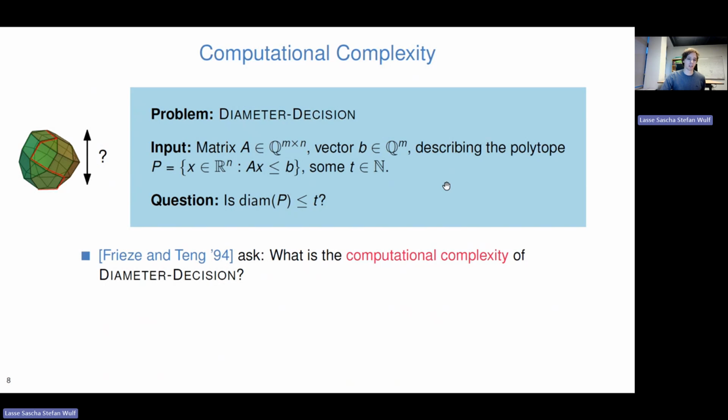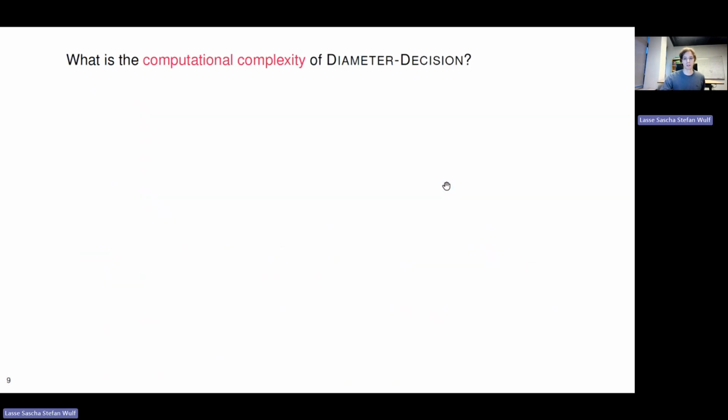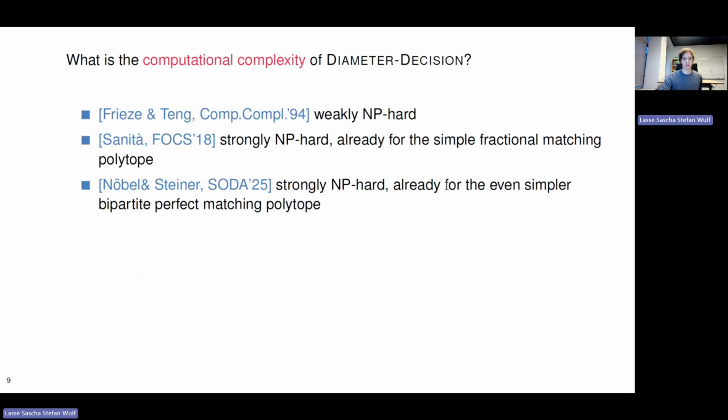And in fact, already in 1994, Friese and Tang asked, what is the computational complexity of this decision problem, computing the diameter of a polytope? And also, some previous results exist on this question. So Friese and Tang themselves showed in 1994 that this problem is weakly NP-hard.